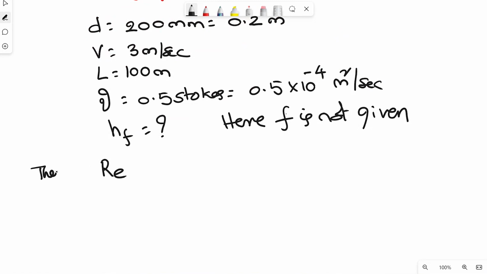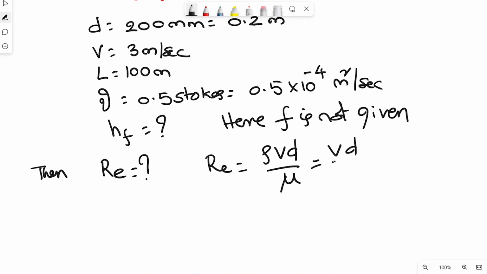We know Reynolds number is equal to rho V d by mu, or it is equal to V d by nu. So V is 3, diameter is 0.2, divided by 0.5 into 10 to the power of minus 4. So the Reynolds number we are getting is equal to 12,000.